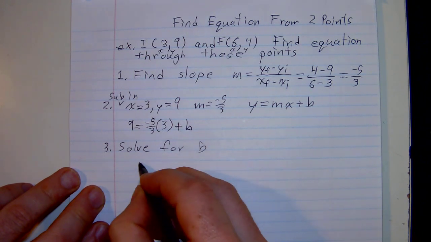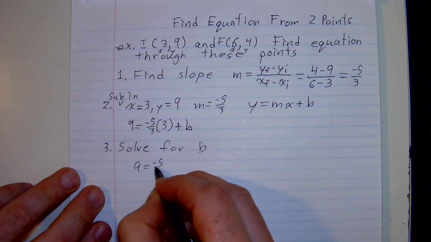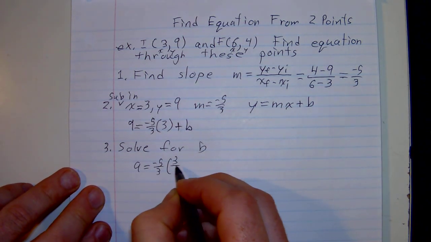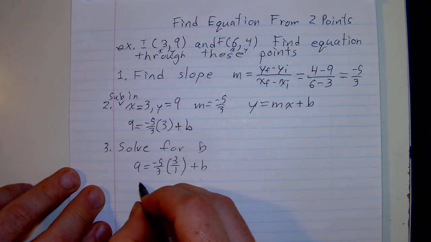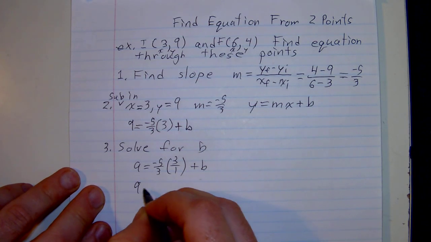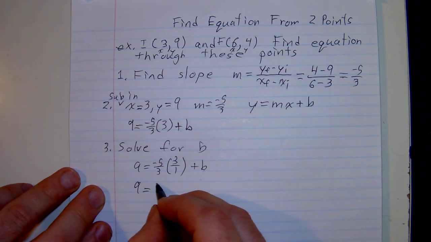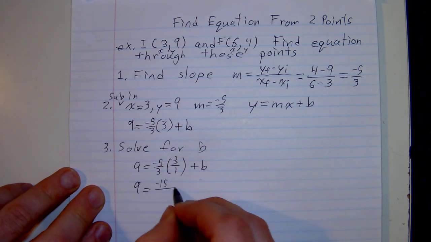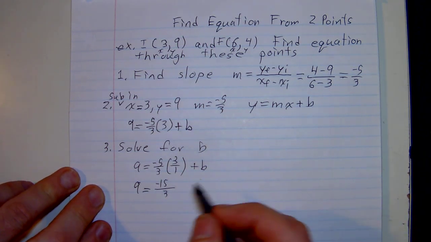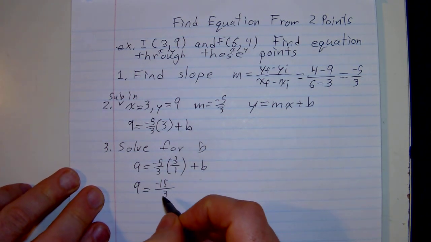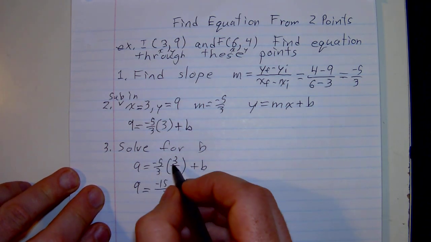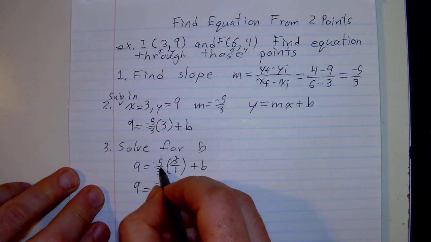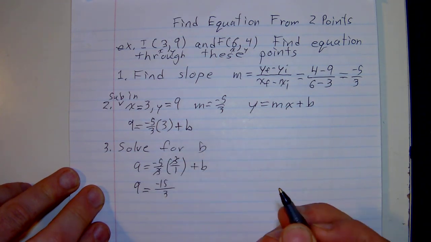So I'm going to change that 3 into a 3 over 1. So that way I have a fraction multiplication here. Fraction multiplication is going to be top times top, which is negative 15, bottom times bottom, which is 3. By the way, you can do this and then reduce, and that's how most people would first think to do it. But it's actually a lot more efficient to go, okay, 3 divided by 3 is 1, so this is just going to be negative 5.